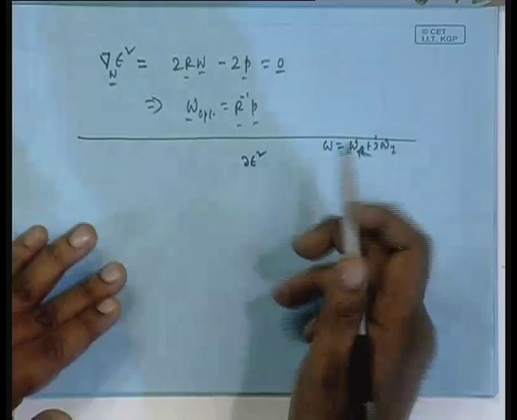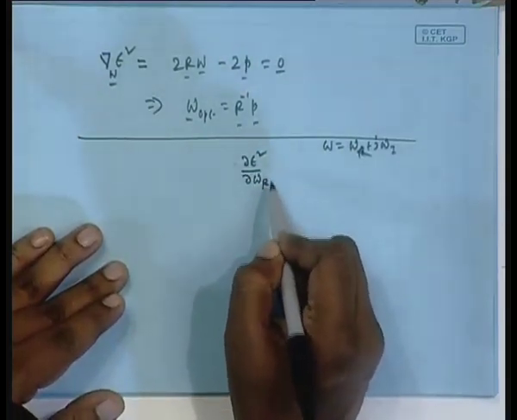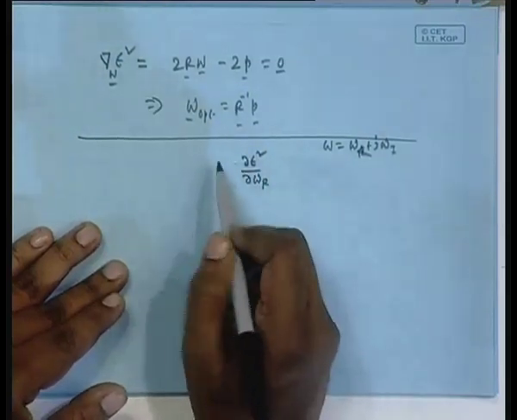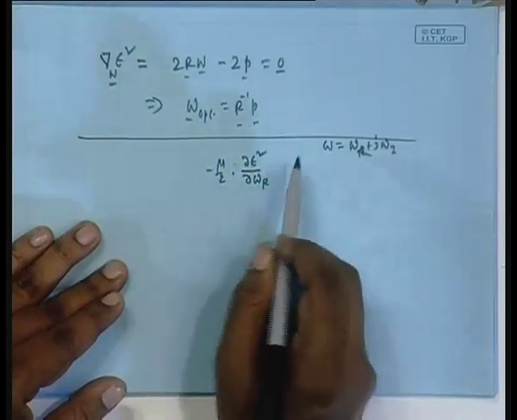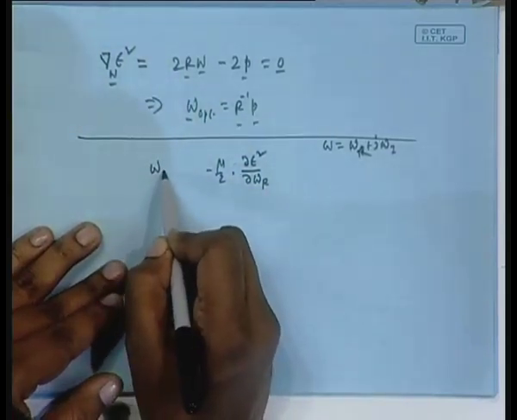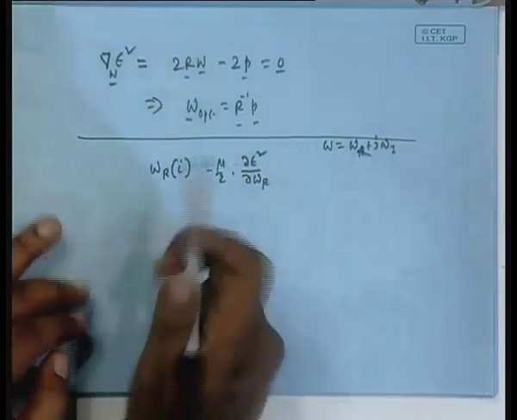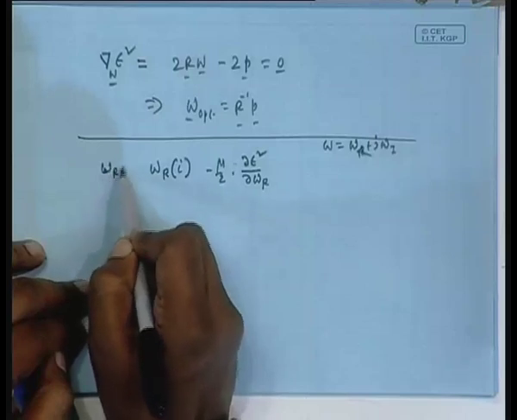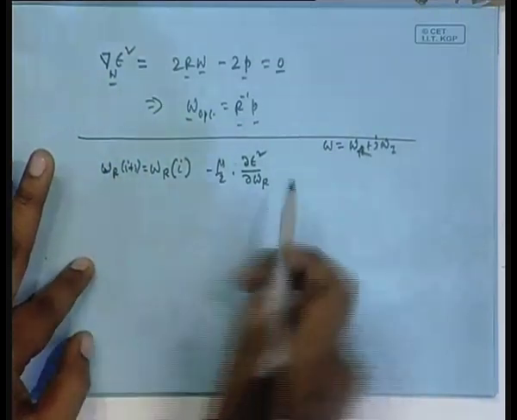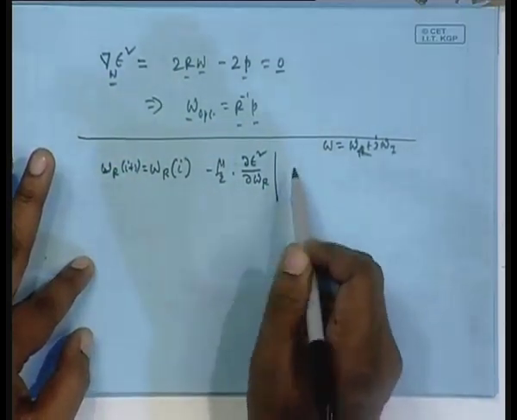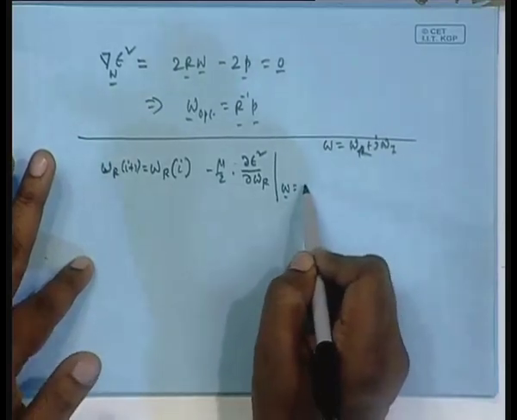So for WR, I have to go in the opposite direction: minus mu by 2 times this term will come up. If you want to update the real part, you should have things like this, isn't it? From the ith iterate you go to the I plus 1th by this, and this will be evaluated at W equal to WRI, or you can put W equal to WI, doesn't matter.